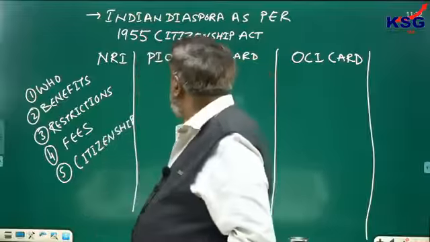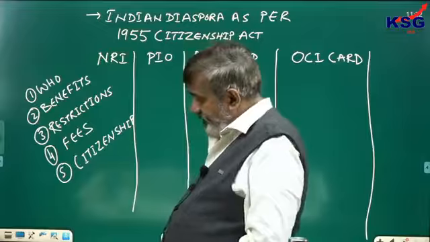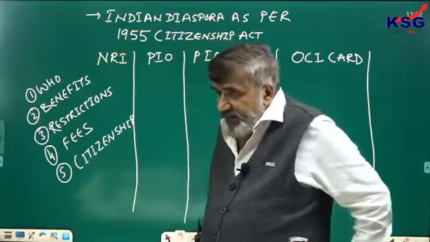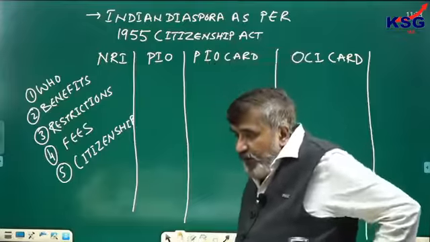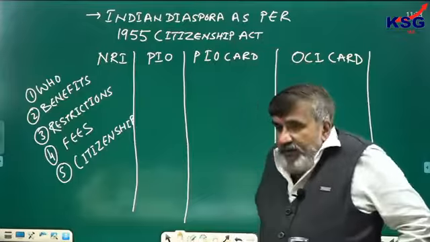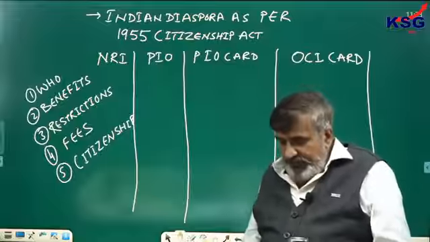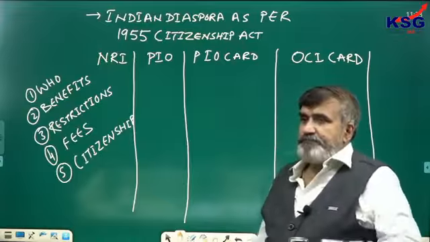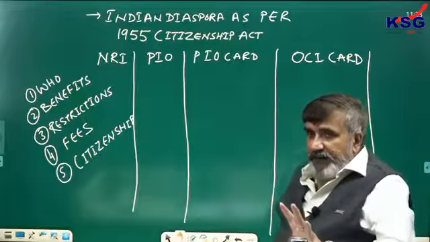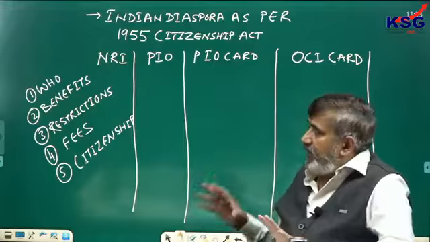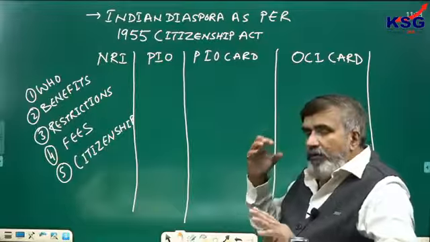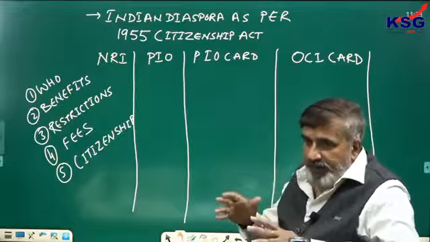Then regarding this card, now this is the interesting one. Now you have to understand here why the government had to introduce this card. Basically this card was introduced. Why?